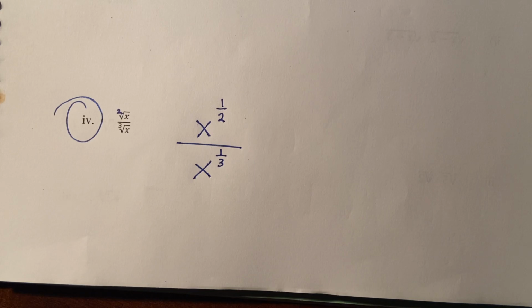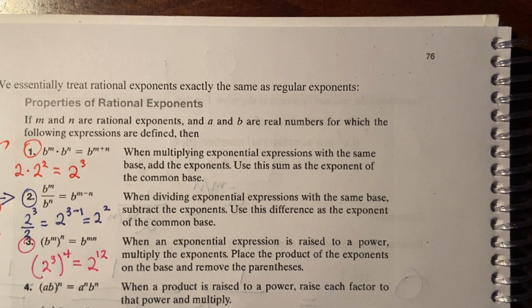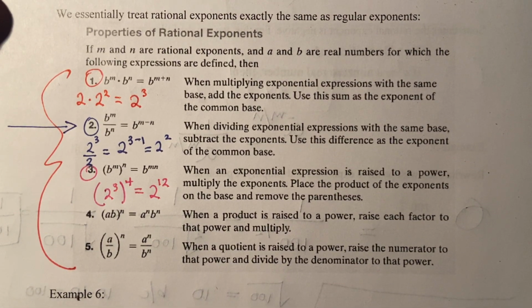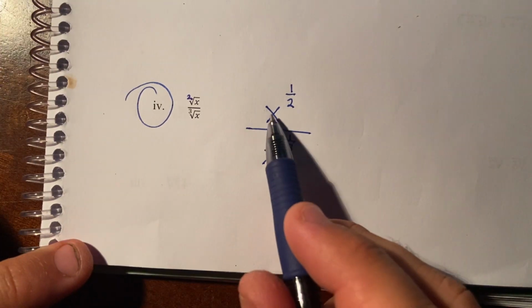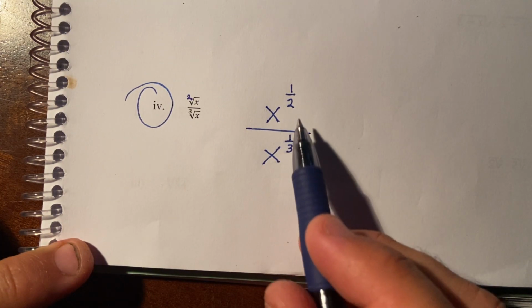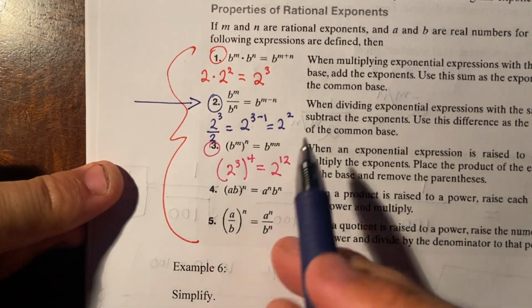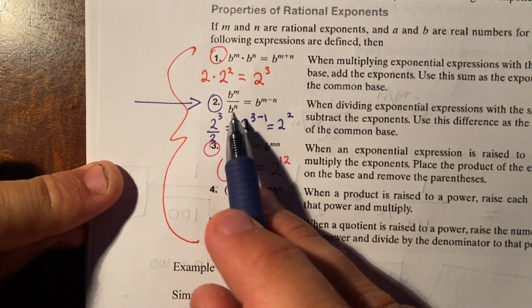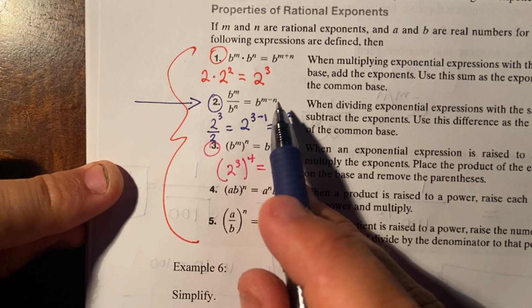One of your power rules, I'm calling them, they're really exponent rules, here on page 76, is helpful at this point. When you have the same base, two powers, we can subtract the upper minus the lower. So based on number 2, it's this one again. Same base, power, we take the upper minus the lower.